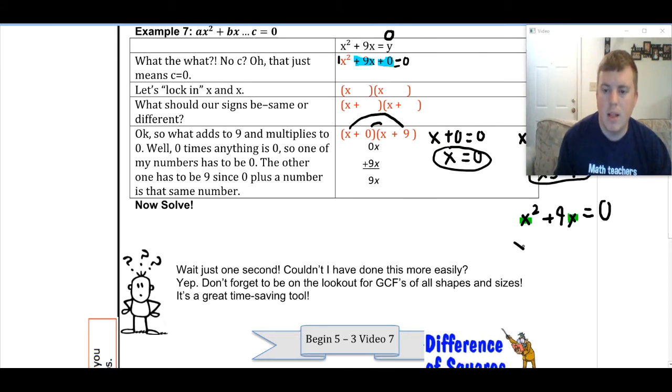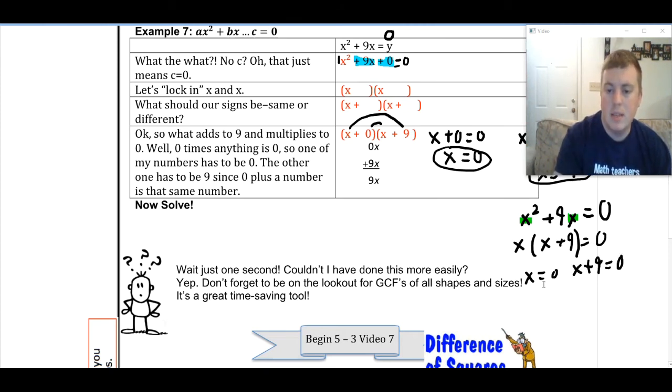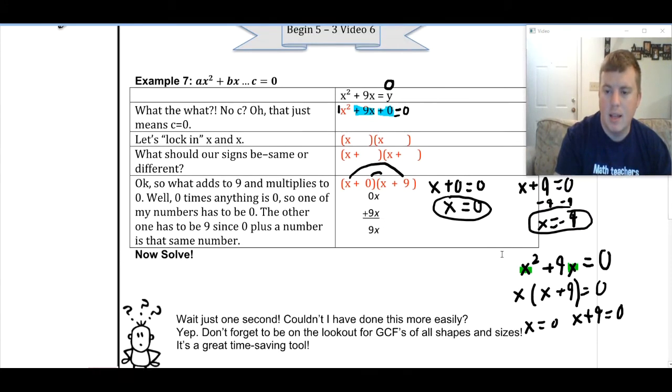I can pull out an x in front, and that would leave me with, if I take x out of x squared, an x, and if I take it out of 9x, a 9, and I can see that this is already factored for me. I just have to set each side equal to 0, x equals 0, and x plus 9 equals 0, and solve from there. And we can see that that's going to give us the same thing that we got just a little bit above.